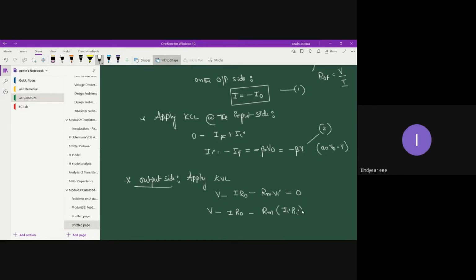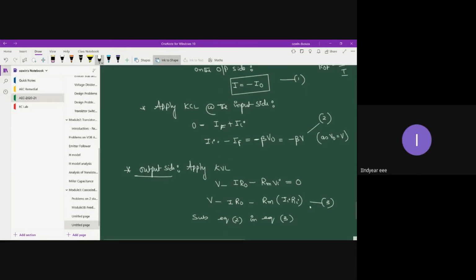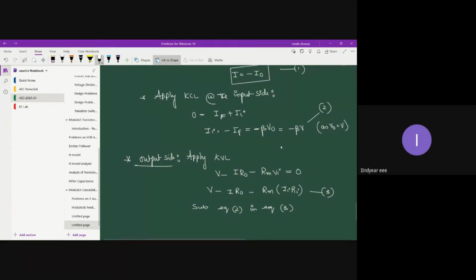II into RI. Say this is equation 3. Then substitute equation 2 in equation 3. No good, because we don't want RI to be there in the equation.